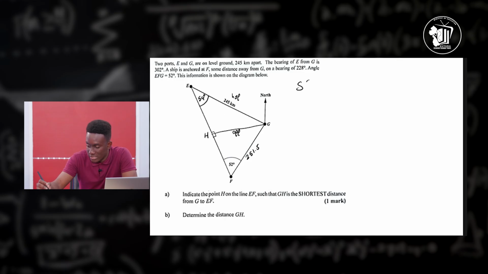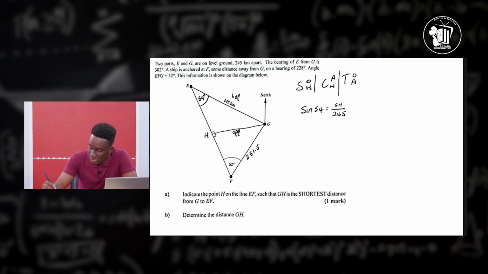Some old horses can always hear their owner's approach. Once we're dealing with the right angle, we know we're dealing with the trig ratios, sine, cos, and tan. Let's see which one has the hypotenuse and the opposite. So we see sine. We can say sine 54 is equal to the opposite, which is GH, over the hypotenuse, which is 245.